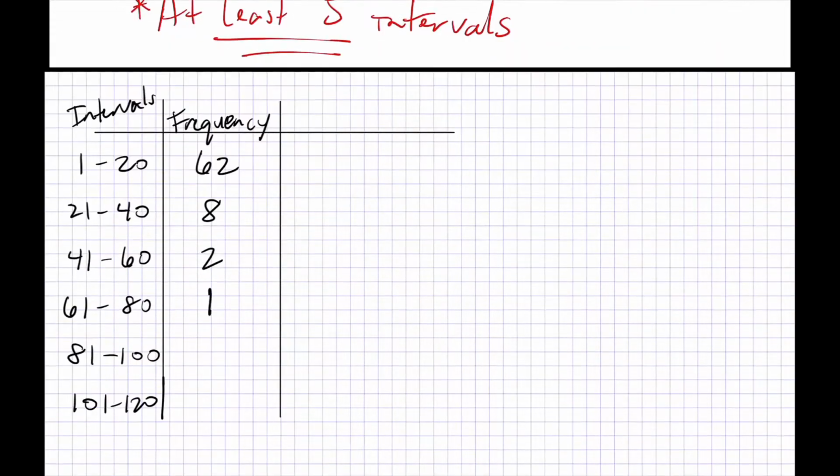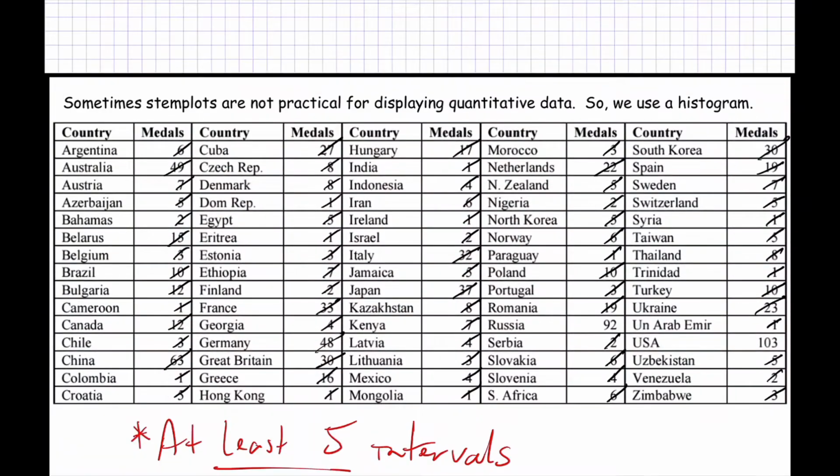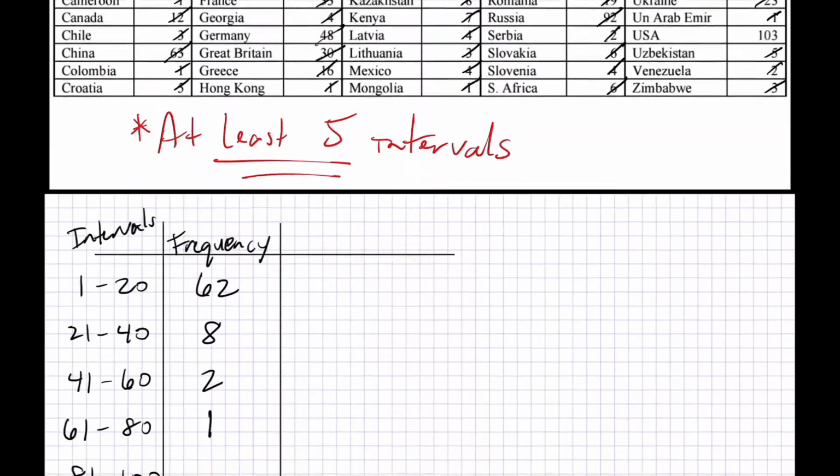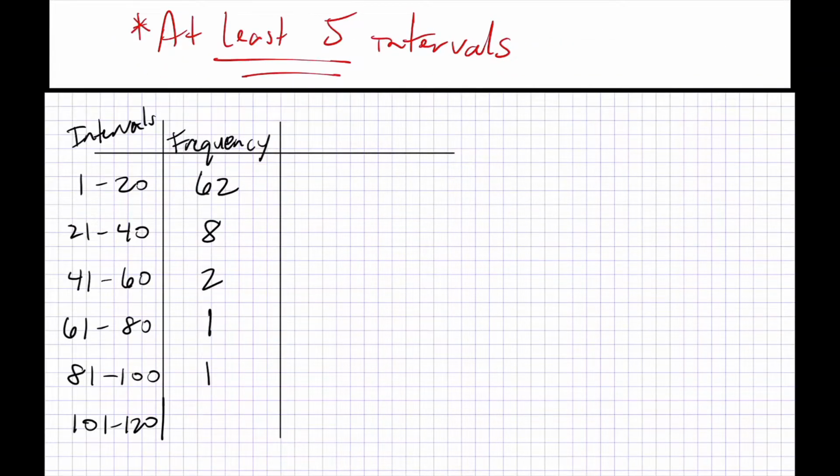I got 1. 81 to 100. I got 1. And then there's only one above 100.